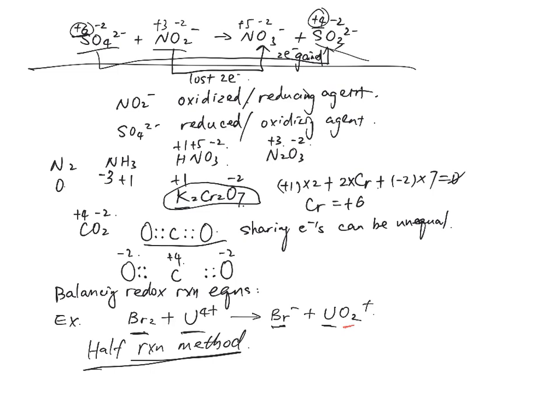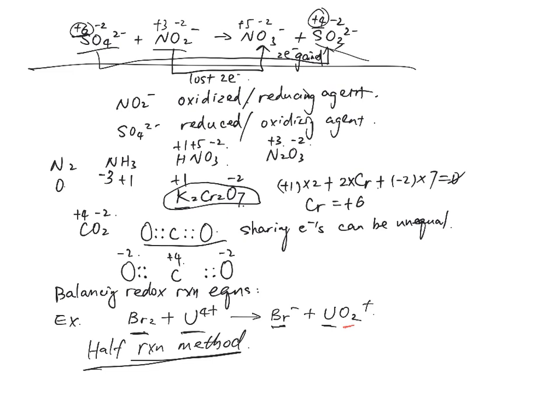There are always preset individual steps that you can follow, and if you follow those steps, there's no way that you get balancing wrong. So the half reaction method for balancing redox equations is more of a foolproof type of method.